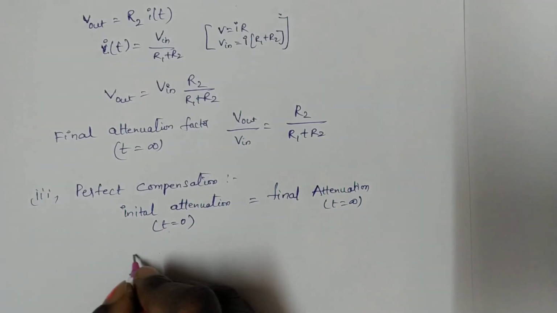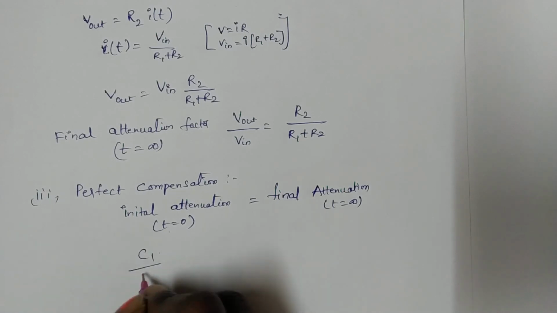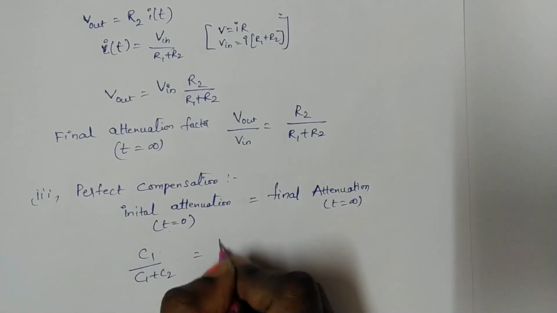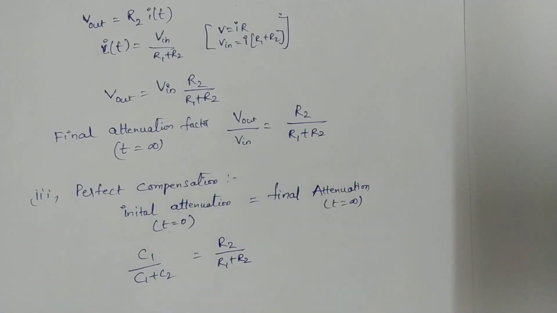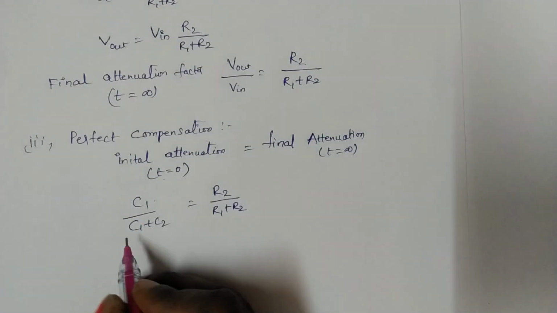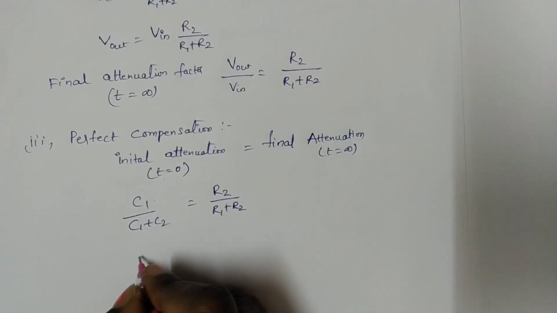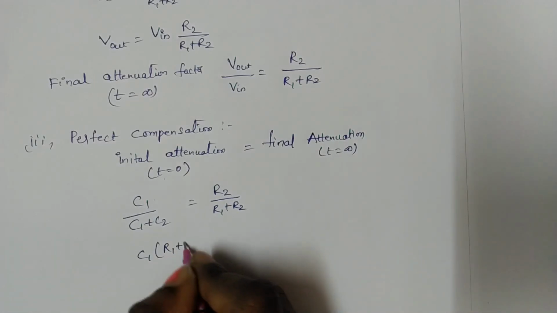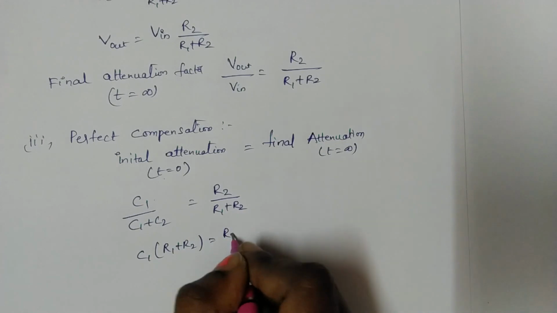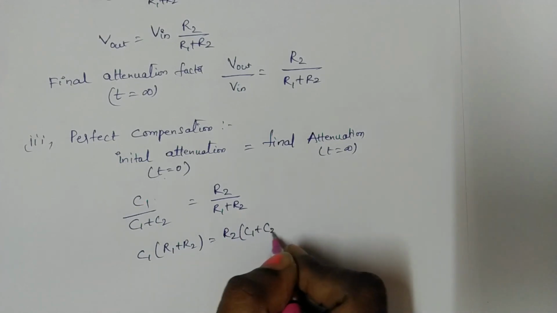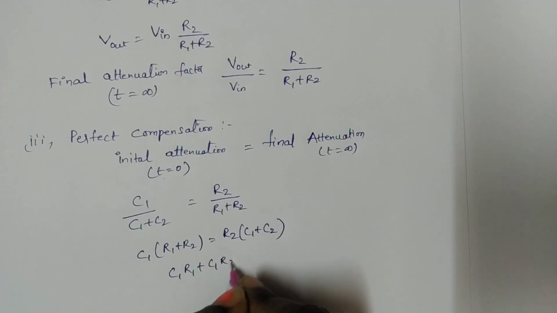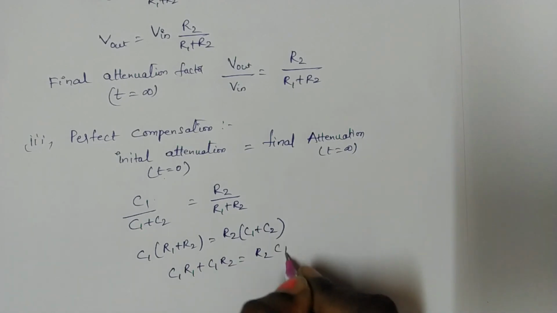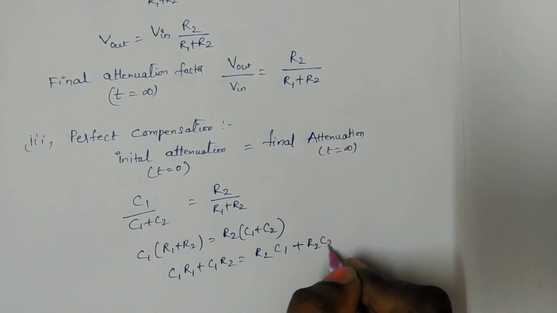At t equal to 0, we get the output as C1 by C1 plus C2 equal to R2 by R1 plus R2. Now equate these two terms, and we will get C1 into R1 plus R2 equal to R2 into C1 plus C2. So C1 R1 plus C1 R2 equals R2 C1 plus R2 C2.